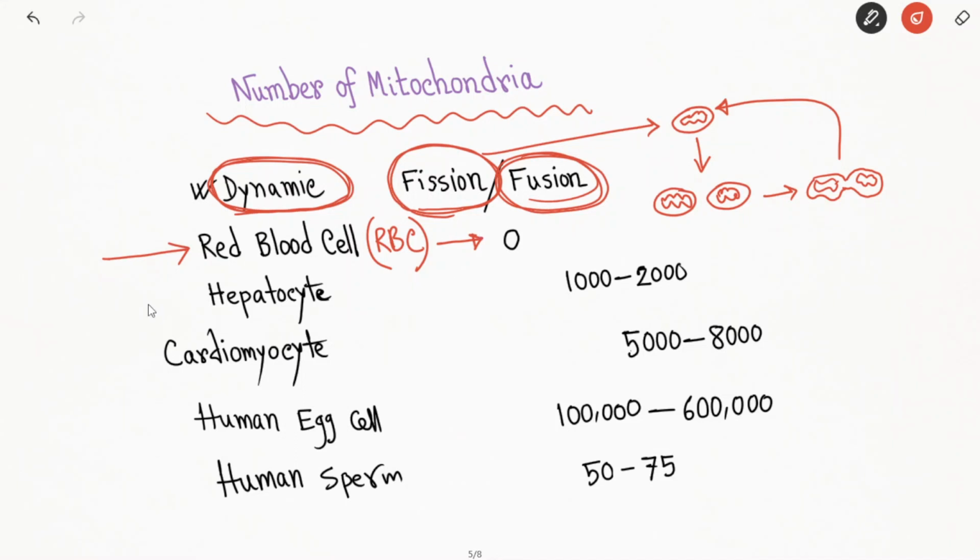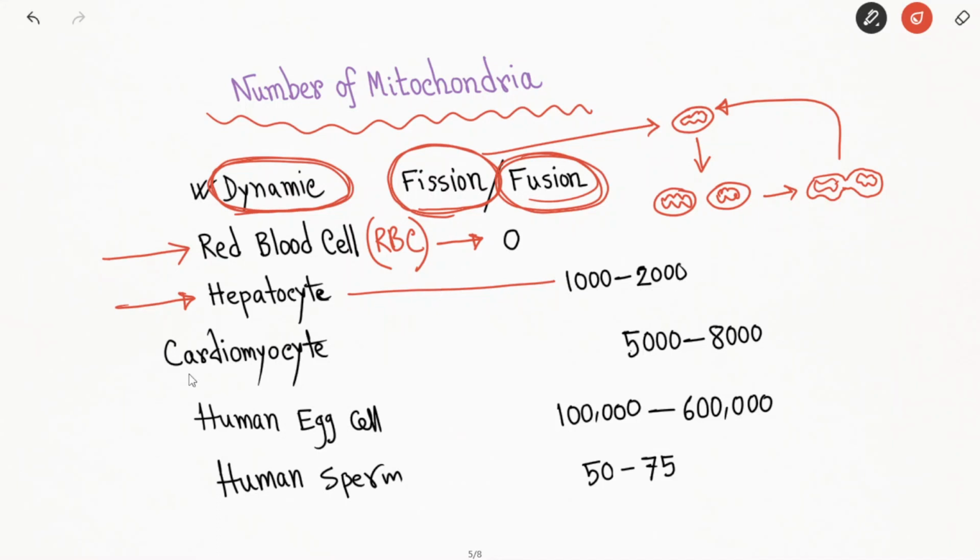On the other hand, hepatocytes are the liver cells. These hepatocytes need to work a lot compared to the other organs, so they have a much higher mitochondria number. Their mitochondria number per cell can be 1,000 to 2,000.